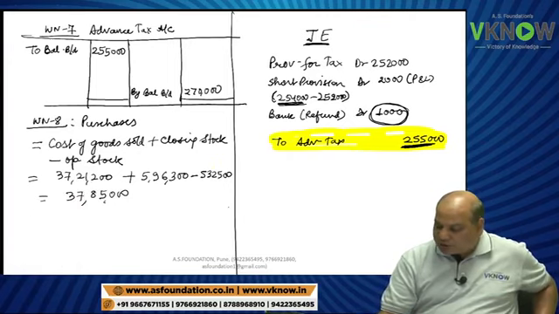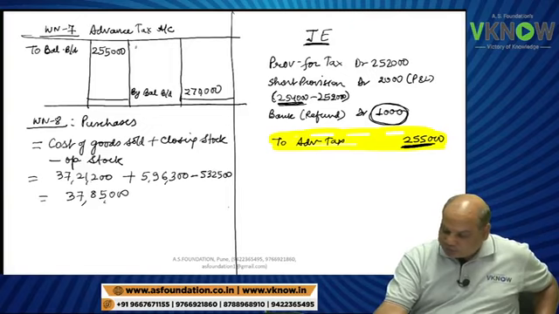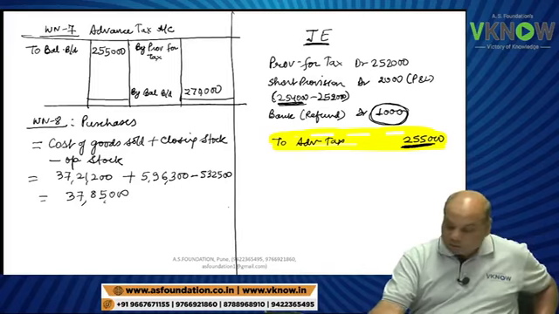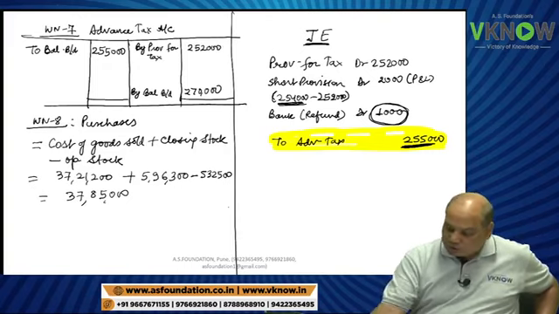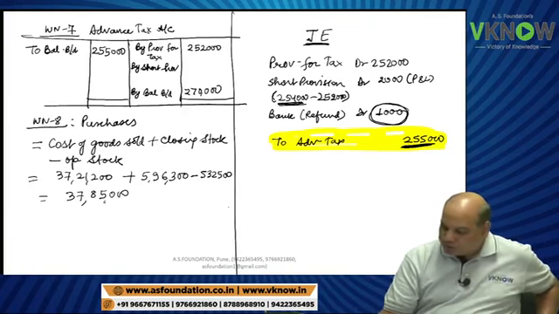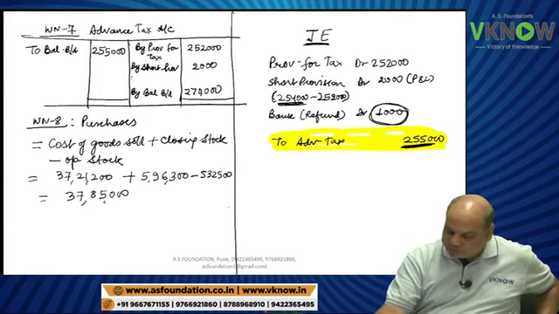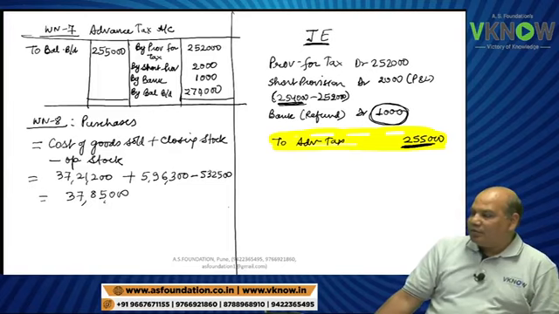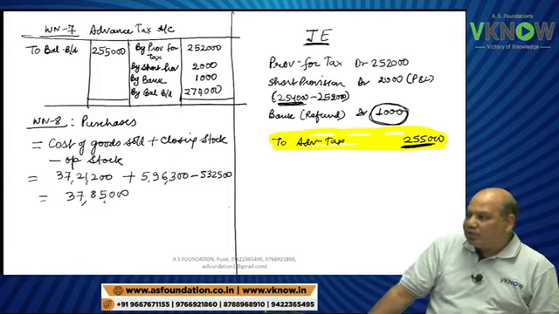So come to the advance tax account credit side: by provision for tax 2,52,000, by short provision 2,000, and by bank 1,000.